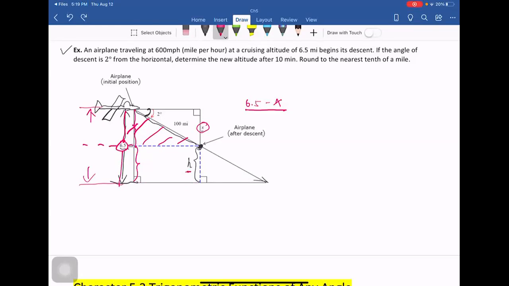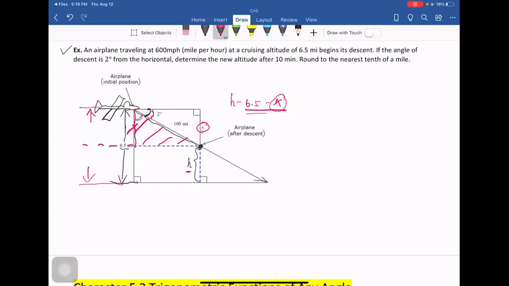Let's see how to find x, because if we know x, we can find h. In this pink right triangle, we know this is 2 degrees.